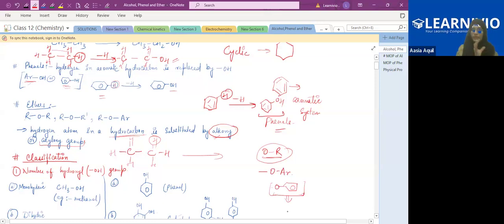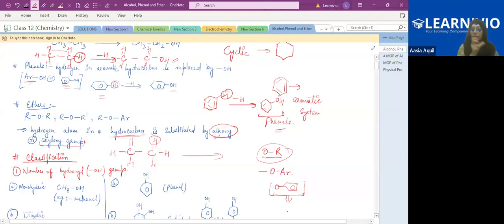So what are ethers? In a hydrocarbon chain, whether an aliphatic hydrocarbon or an aromatic hydrocarbon, when you replace one hydrogen atom by an alkoxy group, you will get ROR.